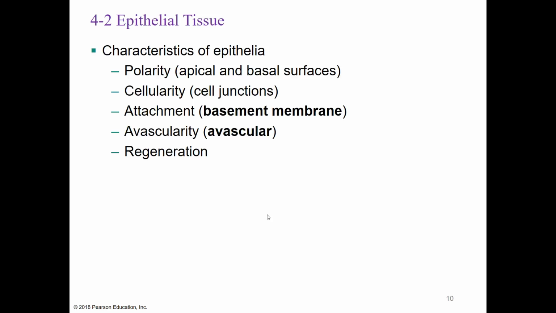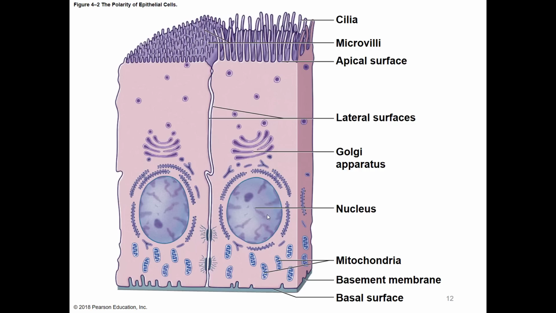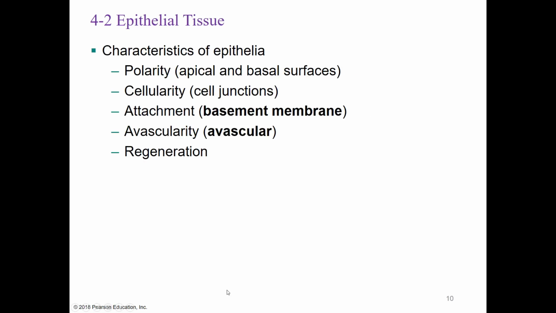The epithelia also attaches to a basement membrane, and the basement membrane we actually saw, this is it down here. This is what epithelia sticks to. And epithelia can regenerate. It is continuously replaced.